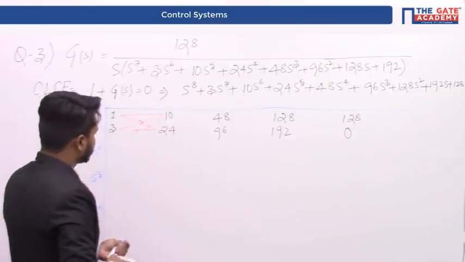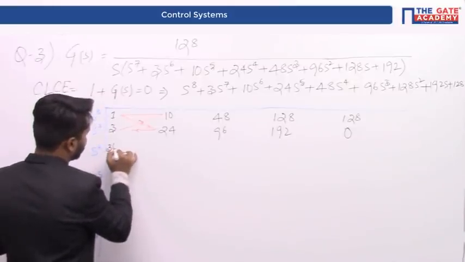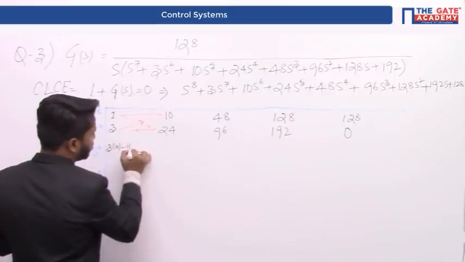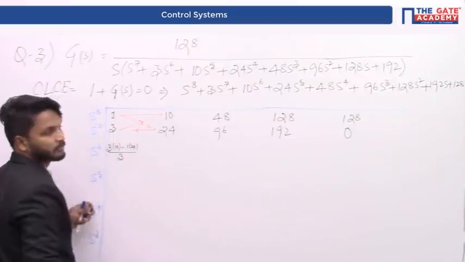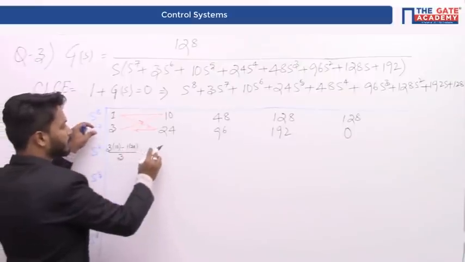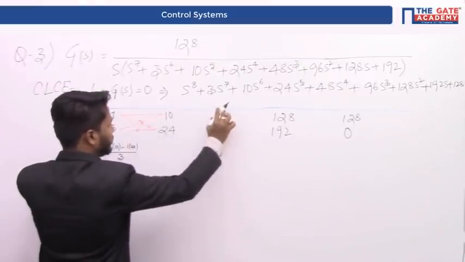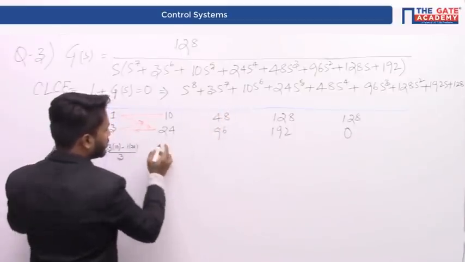So the next element, you can fill it like this: 3 multiplied by 10 minus 1 multiplied by 24 divided by 3. In a similar manner, you can calculate this coefficient also, that is 3 multiplied by 48 minus 1 multiplied by 96 divided by 3.